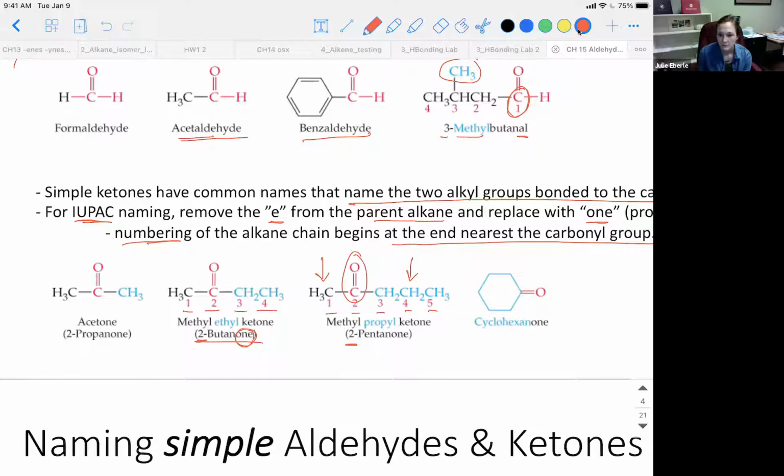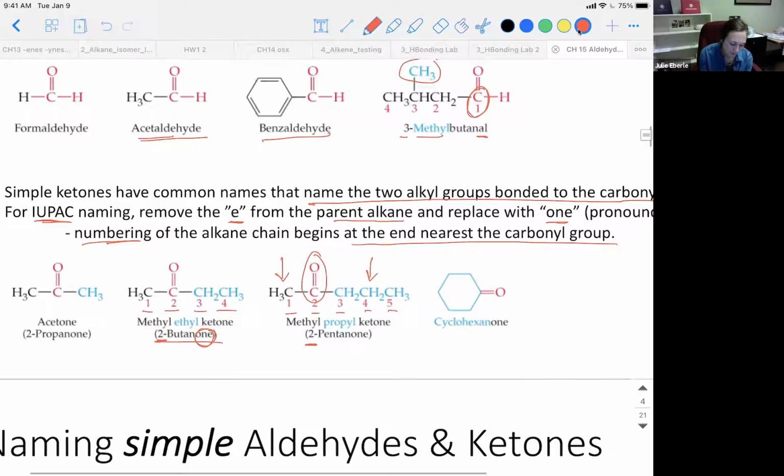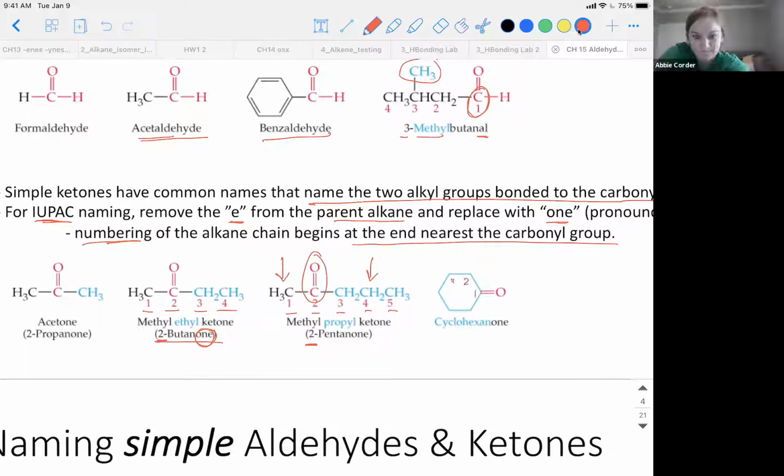All right, we have a ring structure. We've got a 6-member ring: 1, 2, 3, 4, 5, 6. So that's cyclohexane. It doesn't matter, all carbons are considered identical here, so we don't even need to number, especially if there are no other substituents branched off my ring, no methyl groups, no ethyl groups.